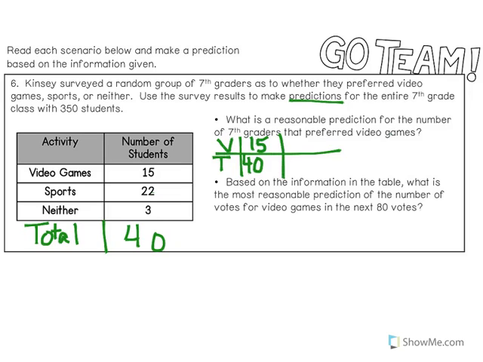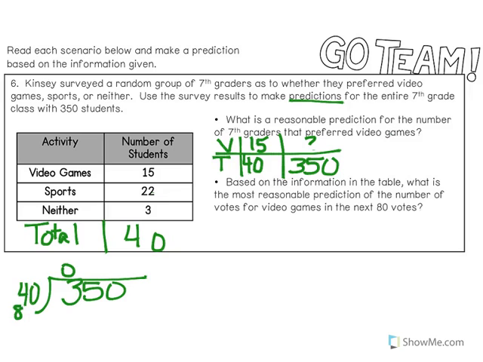But my prediction wants the whole 7th grade class of 350 students. So I need to find my scale factor. So 40 goes into 350 about, I don't know my multiplication facts. I need to write it out.